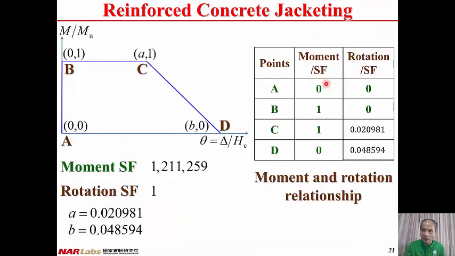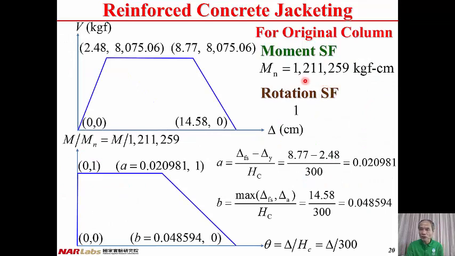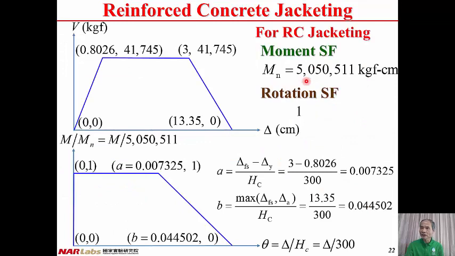If we go back to the previous slide, the original column is 12 something. And after retrofit, it increased to 50 something ton-force meter. And the rotation scale factor remained the same, equal to 1.